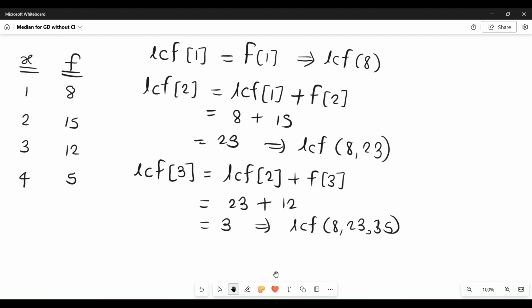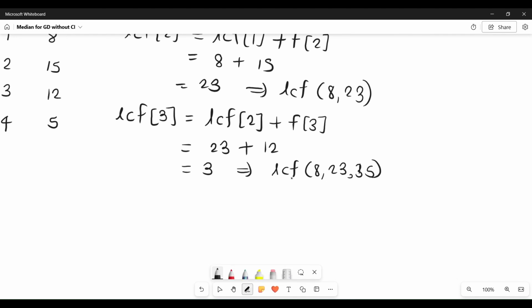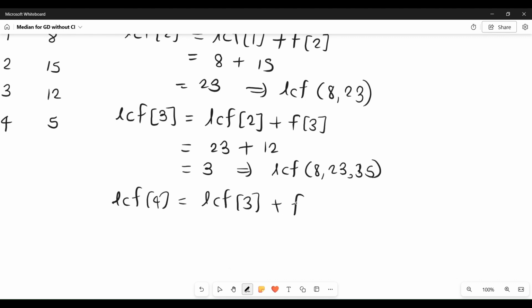Now we are at the last stage of our iteration, that is, LCF of 4 should store LCF of 3, that is the previous LCF value, plus the current frequency value, that is f of 4, that is 35 plus 5, which is 40. Result is 40.